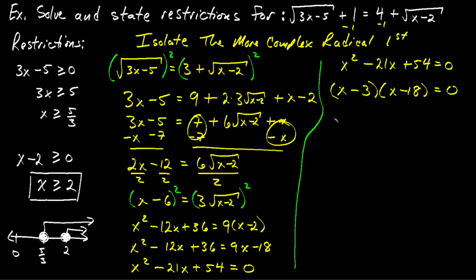Or our solutions are x equals x. X does equal x. It's not wrong. X equals 3 and x equals 18. These are our two solutions to test. Right? So let's take a look at those. We'll go to verify.